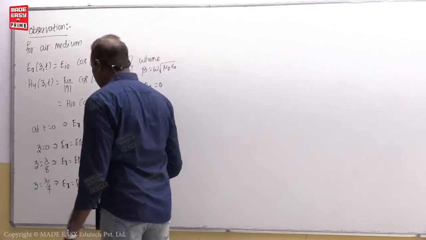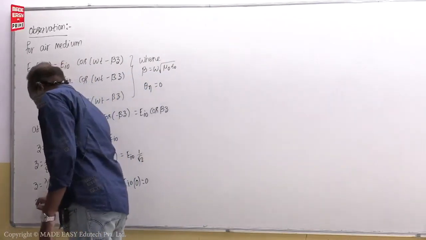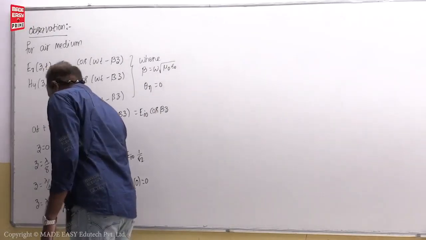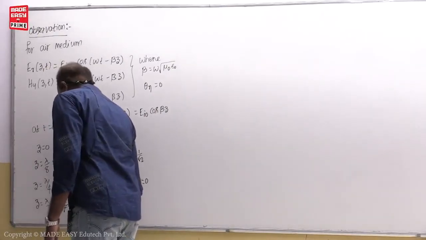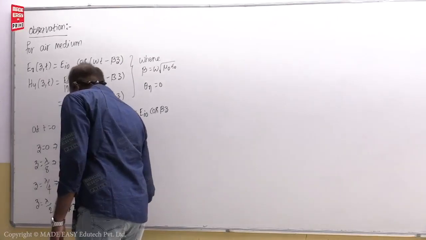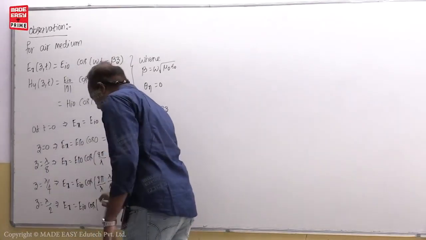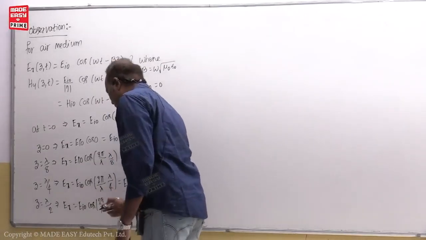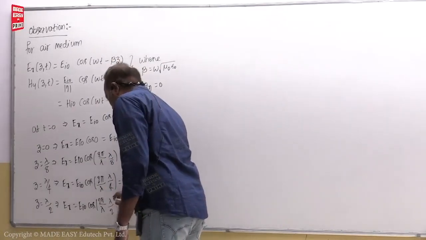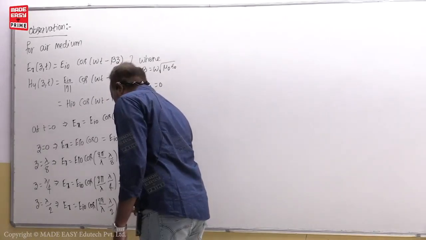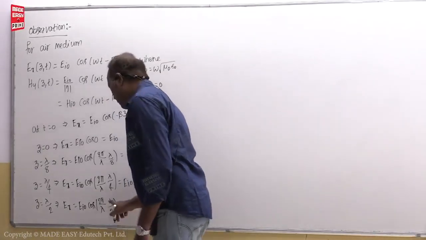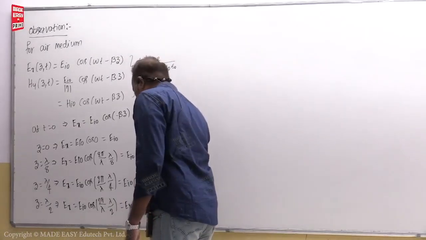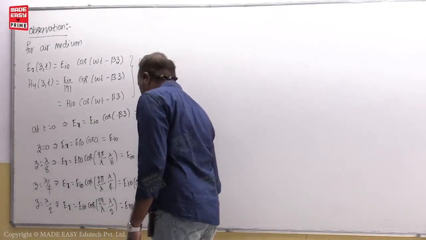In this way you can substitute z is equal to lambda by 2. Then Ex is equal to EI0 into cos of beta z, with beta equal to 2 pi by lambda and z in terms of lambda. Lambda cancels, cos pi is minus 1, so that is minus EI0, negative.